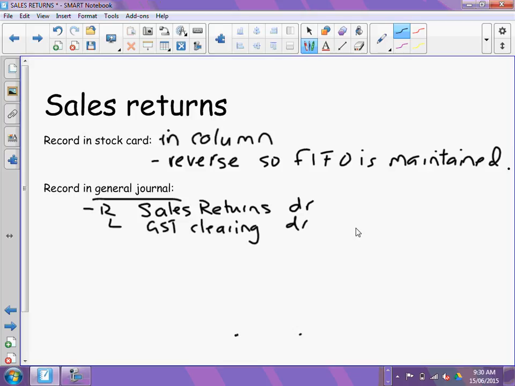So that's a liability decreasing. When I issue the credit note, I'm telling the debtor they no longer owe me that money. So what's going to happen to debtor's control? It's going to decrease. So is that a debit or a credit?